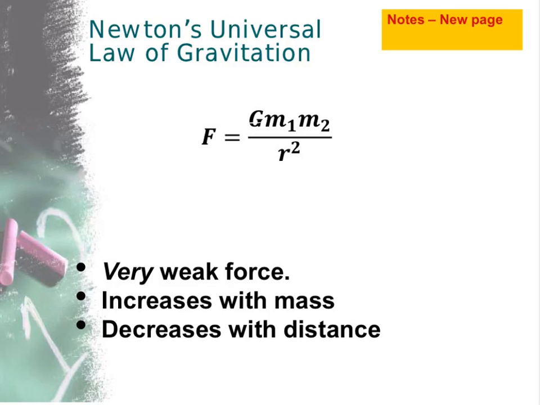Now this constant G is equal to 6.67 times 10 to the negative 11 when we're dealing with MKS units. And that is a universal constant. So throughout the entire universe, we physicists believe that this holds for any two objects in the universe that have mass, that this gravitational force is working between the two of them.